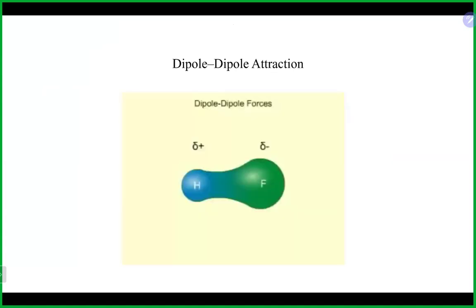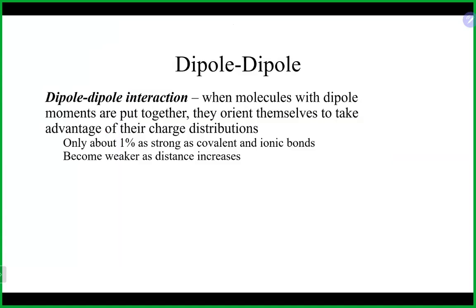So we're going to talk about some different types of intermolecular forces. So these are all intermolecular forces, again, the forces between molecules. The first type of force is dipole-dipole interaction. And dipole-dipole interaction is a relatively strong force here.